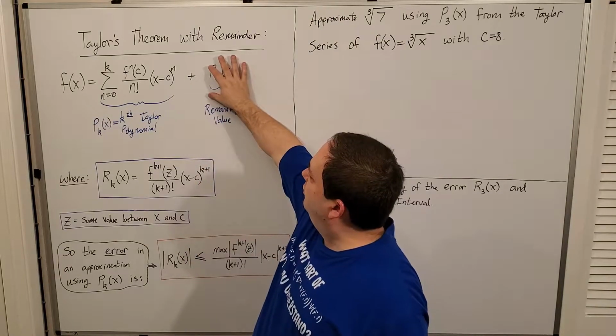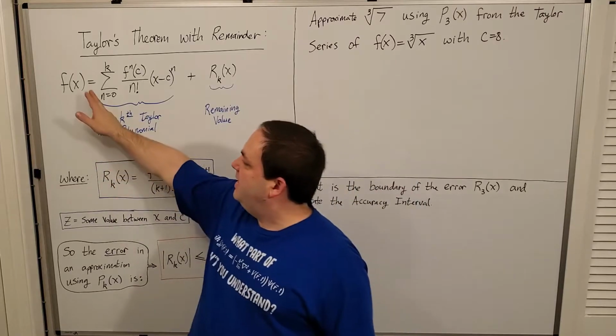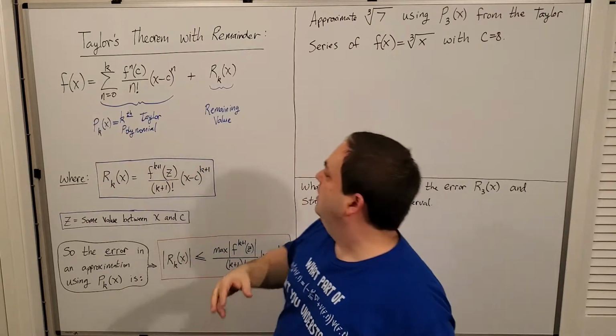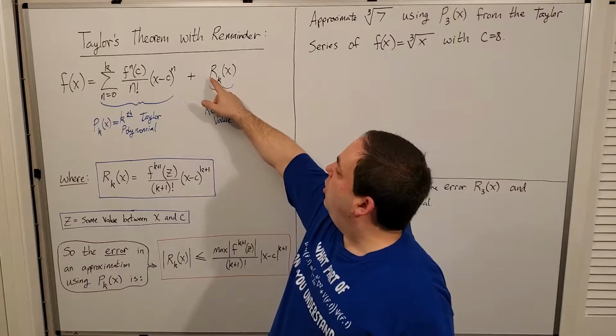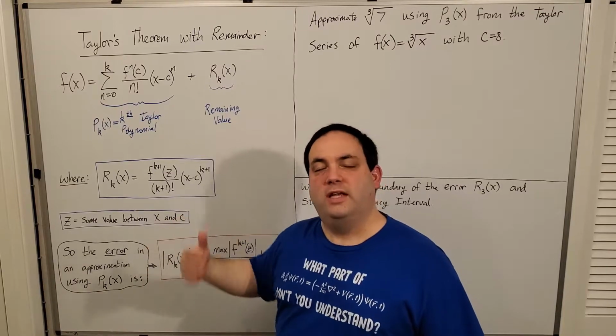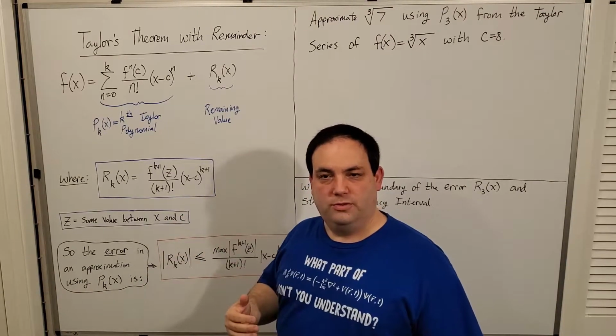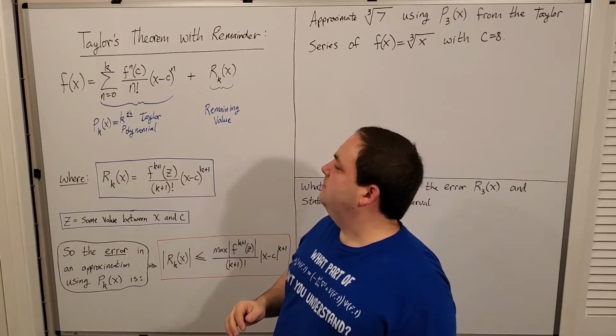The leftover remnant of whatever else needs to be added to make it equal and not approximate, we call that the remainder, and I'm going to label it r sub k, the remainder after the n equals k number of terms, and yes, it is also a function of x.